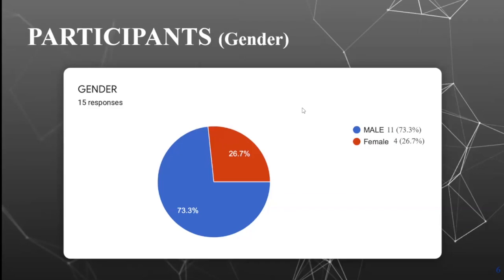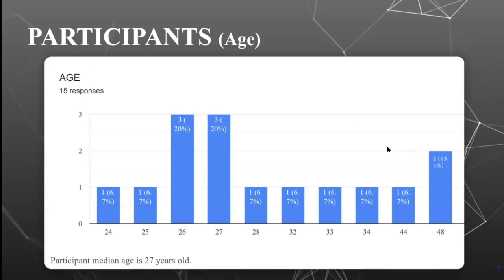As we mentioned earlier, there are 15 participants, with 11 of them male and 6 of them female. The range of age of our participants: the youngest participant is 20 years old, and the oldest one is 28 years old. And the median age of the participants is 27 years old.